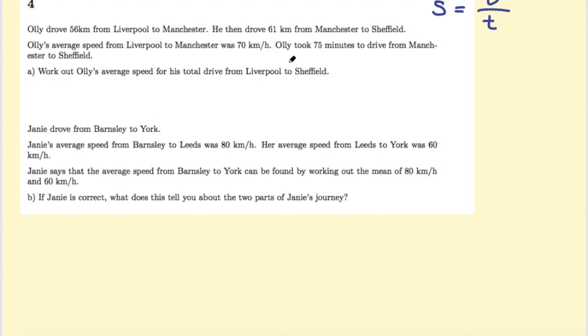You could do this with ratios perhaps, but I'd say the quickest way would be to work out the time it took to travel this first 56 kilometres, and then work out the total time, the total distance, and then get the total average speed. So we need the time. If we rearrange this formula, we'll get time is distance over speed.